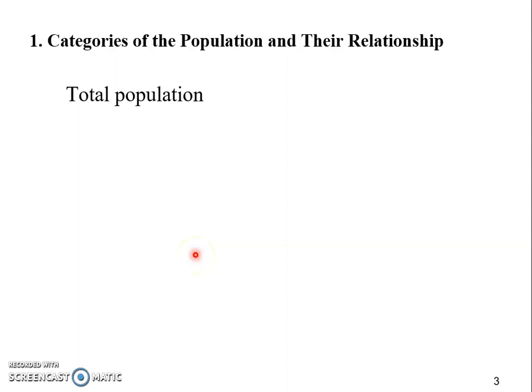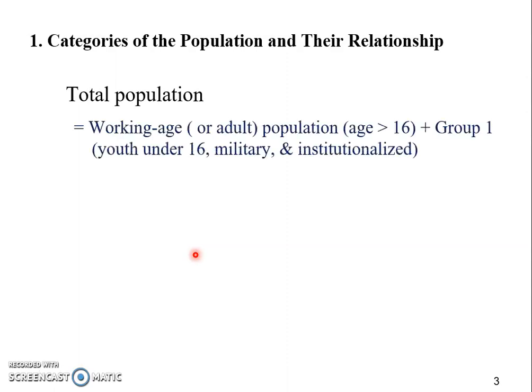Now here we start with the total population in the United States, if we use the US as an example. The first thing the Labor Department does is to break it down on the basis of age. If a person is older than 16, then we put him or her into this group called working age population, or sometimes the adult population.